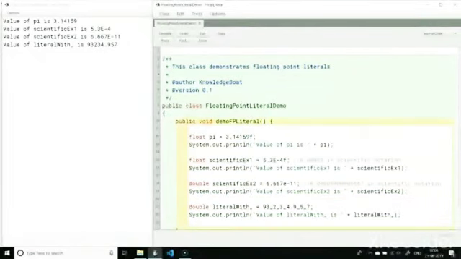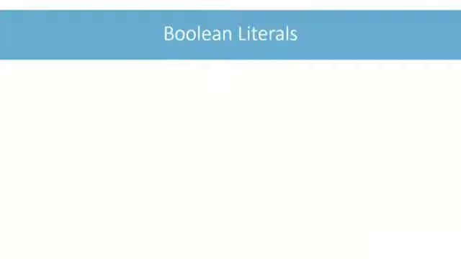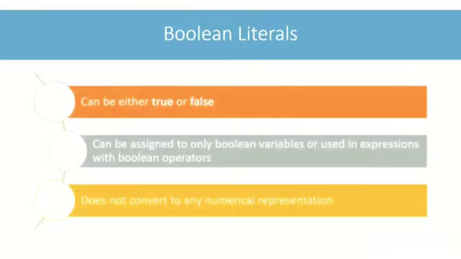We will take a look at Boolean literals next. Boolean literals are straightforward. A Boolean literal can take only one of the two Boolean values represented by the words true or false. Boolean literals can only be assigned to variables declared as Boolean or used in expressions with Boolean operators.